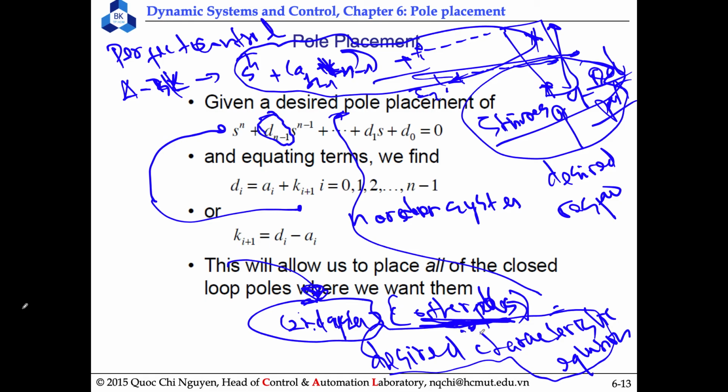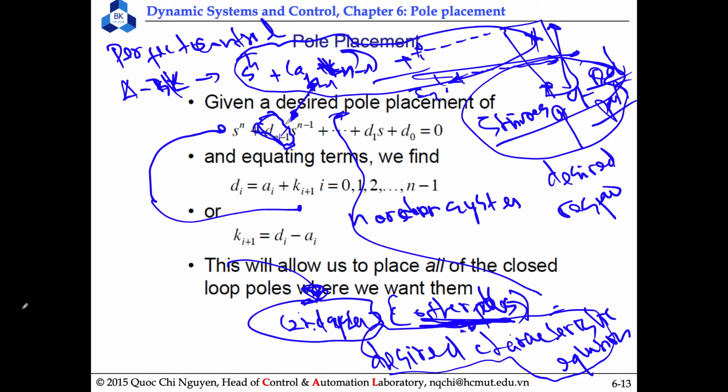The desired characteristic equation we can define here, and this function must be achieved by the system. Therefore, we just take the desired characteristic equation equal to the new characteristic equation of the system, and from this we can make the balance of the two equations.